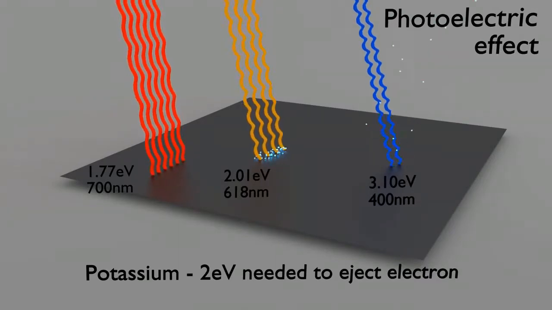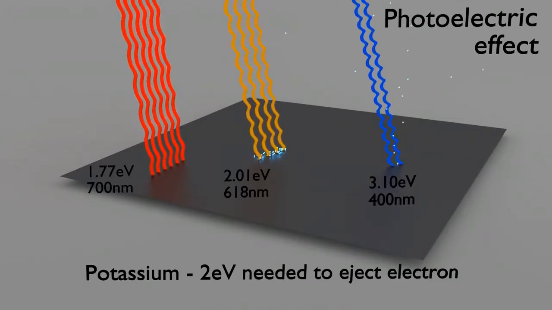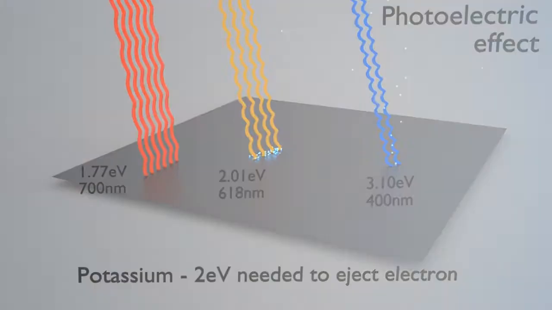So now you can see photoelectrons emitted, but without kinetic energy. In the last one, look at this: photoelectrons emitted with kinetic energy. Why with kinetic energy? Because the incident photon has energy greater than 2 electron volt, greater than the work function of the metal.